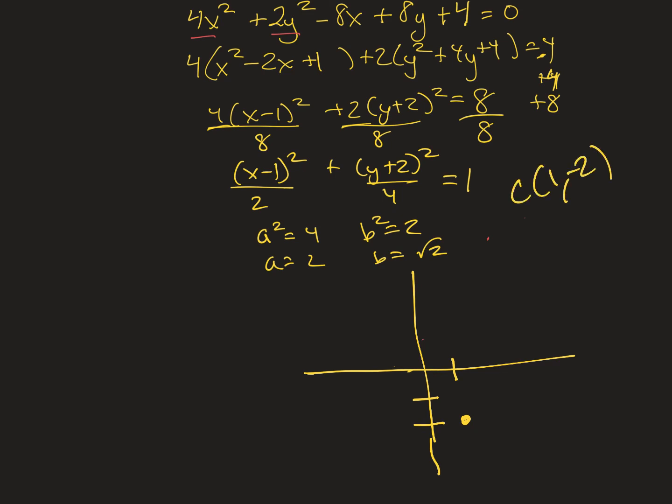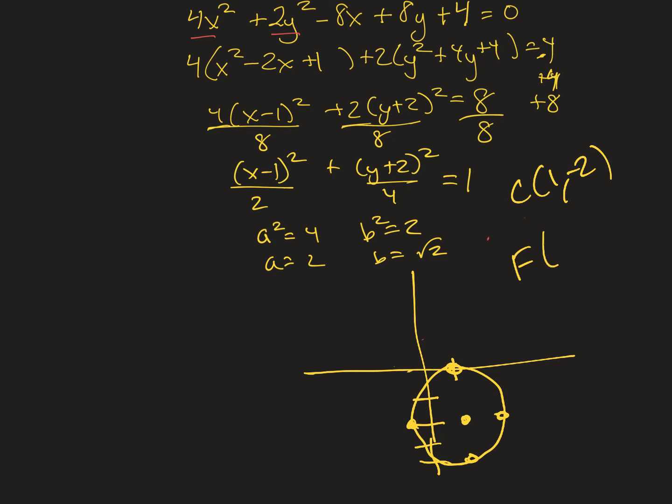Okay. And then I'm going to go 2 up and down to get my vertices, or the endpoints of my major axis. And then I'm going to go about 1.4 in each direction. And then my foci are going to be in the y direction.